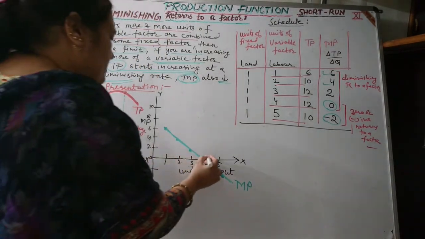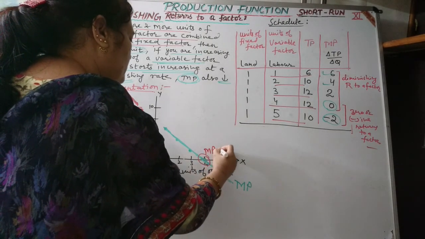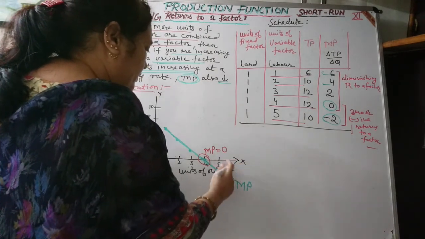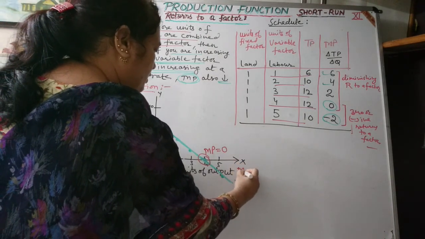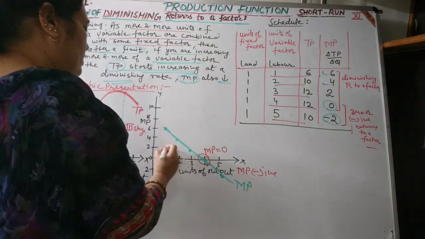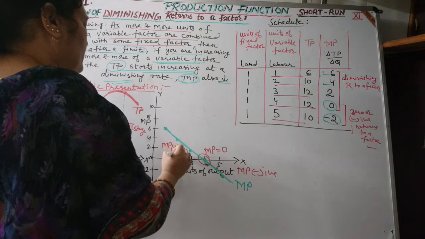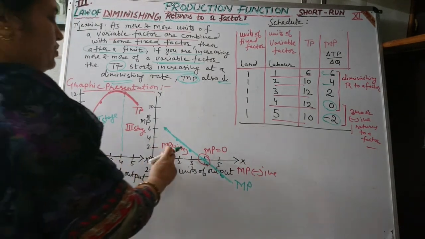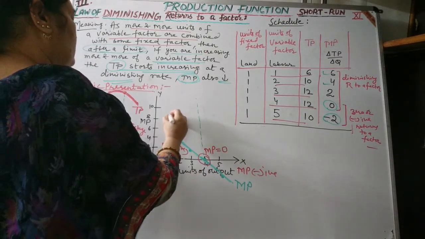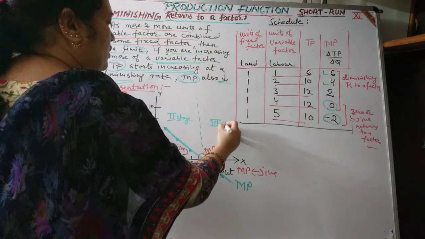At fourth level of output, marginal production is 0. At fifth level, it becomes negative. Before the fourth level, marginal production is positive. So while marginal production is positive, this is the second stage and this is the third stage of production.